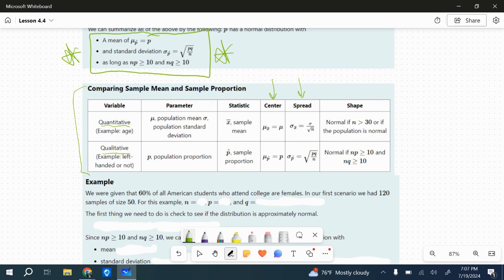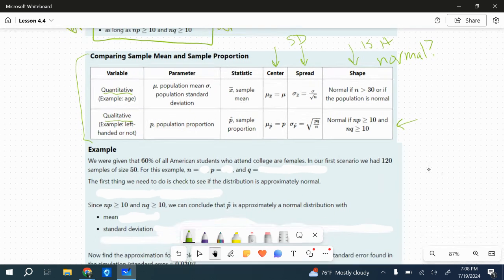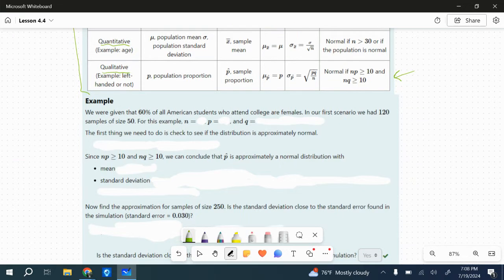Our spreads, which are our standard deviations, go there. And then this is to decide, is it normal? That's what you need to check to decide if your distribution is in fact normal. We are focusing in this video on whether n times p is greater than or equal to 10 and n times q is greater than or equal to 10.